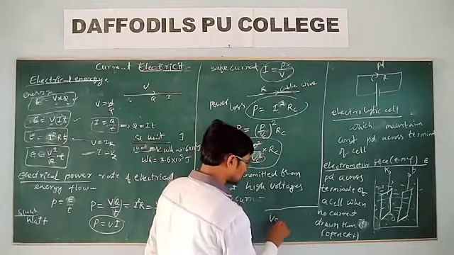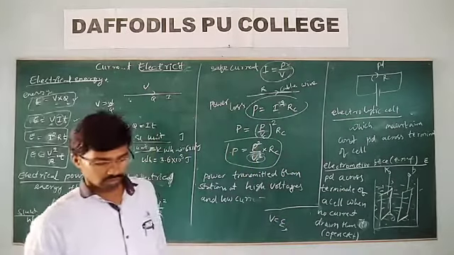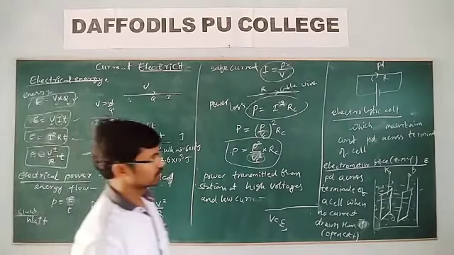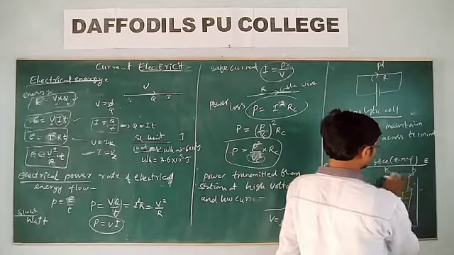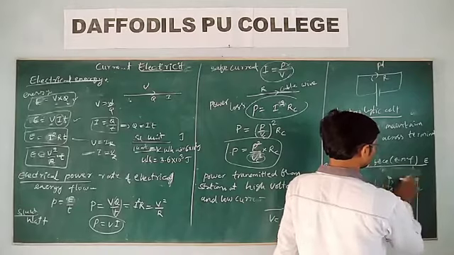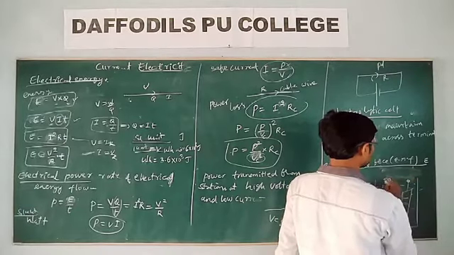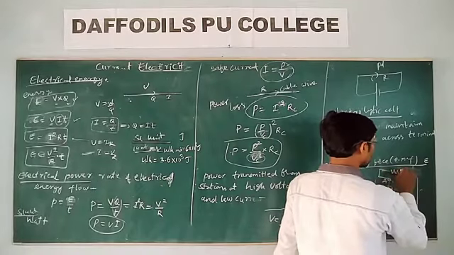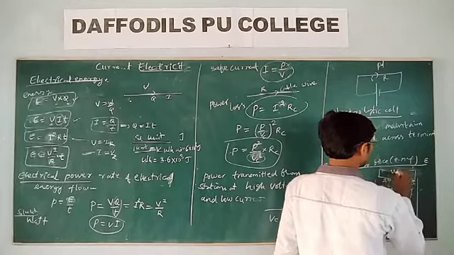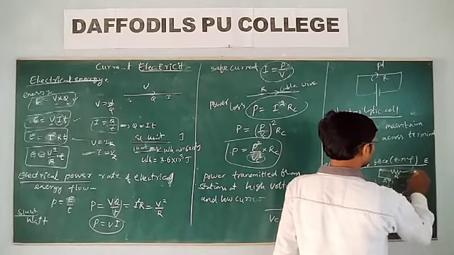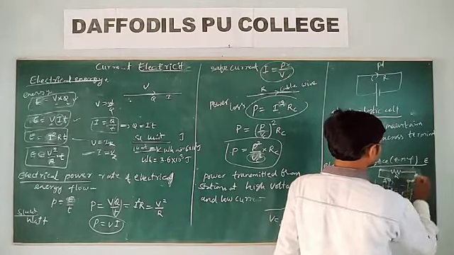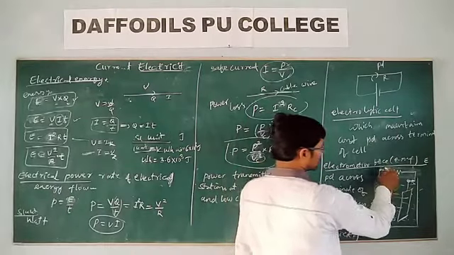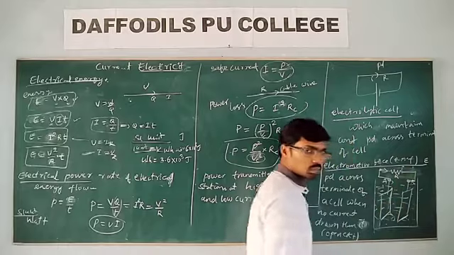Now the potential difference here is nothing but the EMF. For example, if the cell is connected to a resistor R across A and B, current flows through the wire.